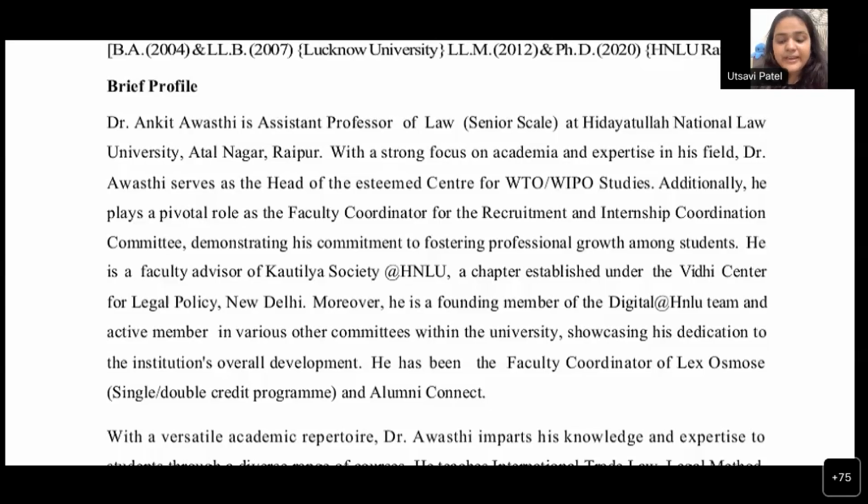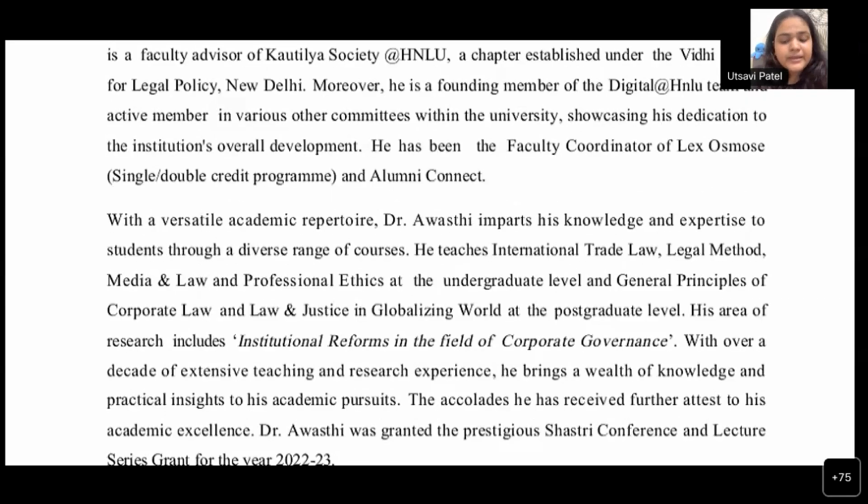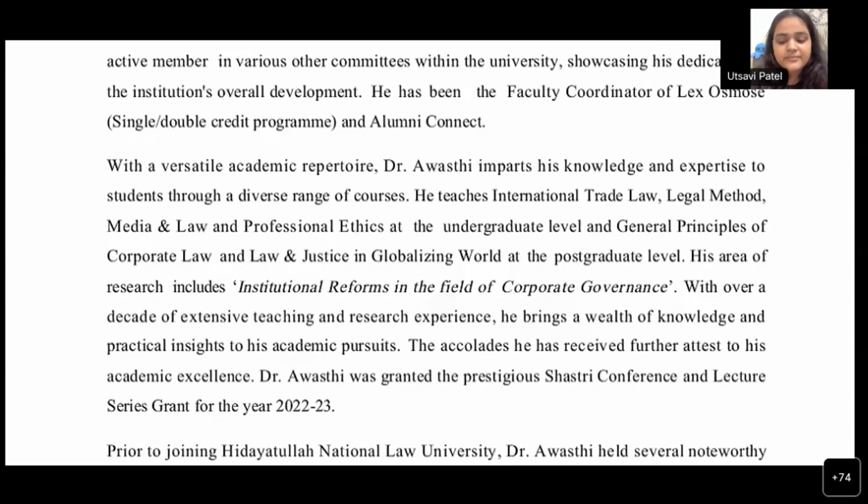He has been the faculty coordinator of Lex Osmosis and Alumni Connect. He teaches international trade law, legal methods, media and law, professional ethics at the undergraduate level, and general principles of corporate law and law and justice in globalizing world at the postgraduate level. His area of research includes institutional reforms in the field of corporate governance.